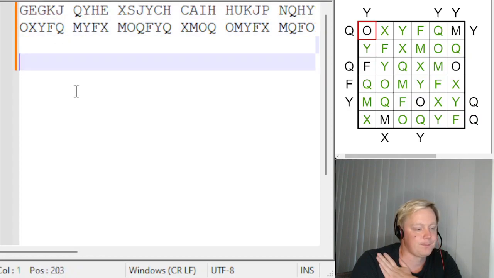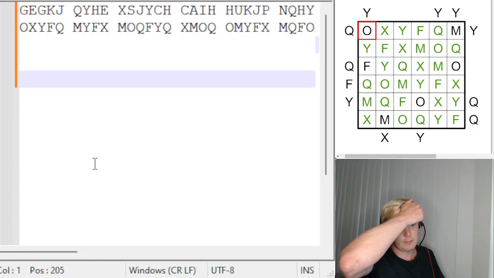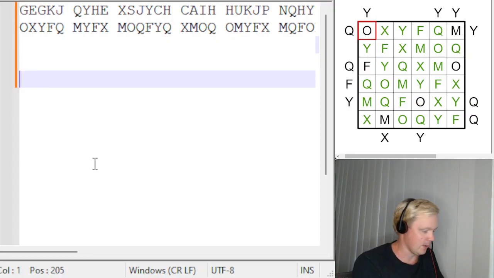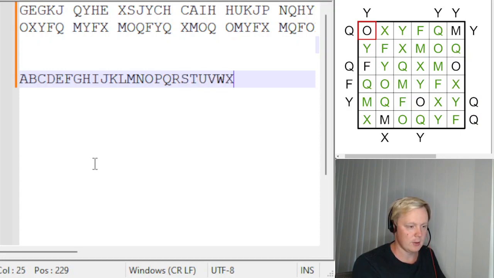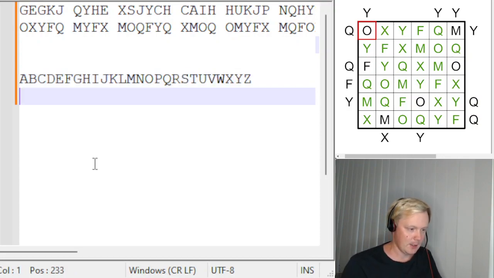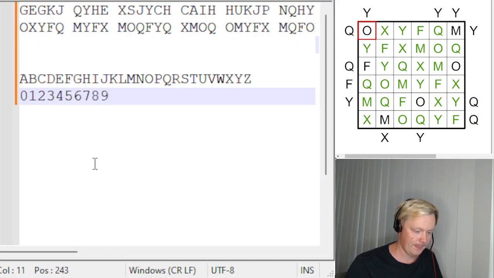Let me just give each letter a numeric value. So this is how you do it: A, B, C, D, E, F. You type out the alphabet, and each of these has a number associated with it.